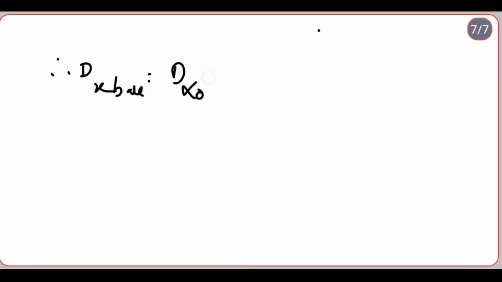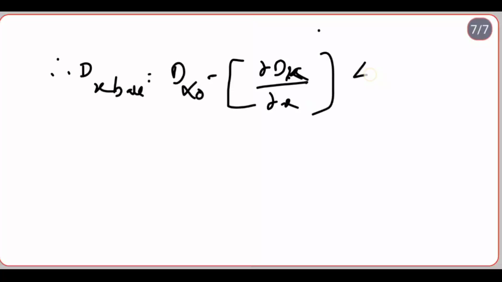Now dx back equals dx naught minus the rate of change of dx with x, since it is the back side, that is dou dx by dou x into the distance of the surface from point P.